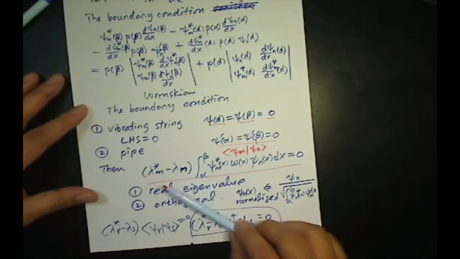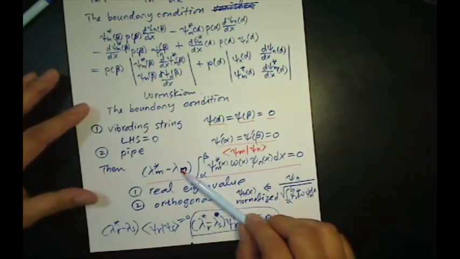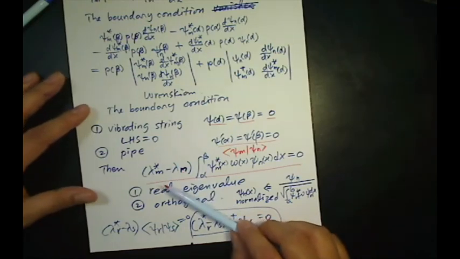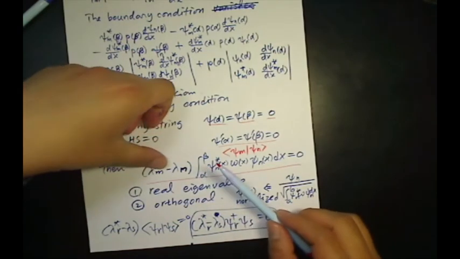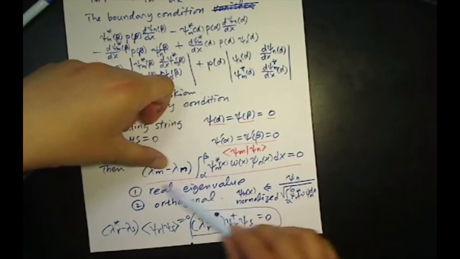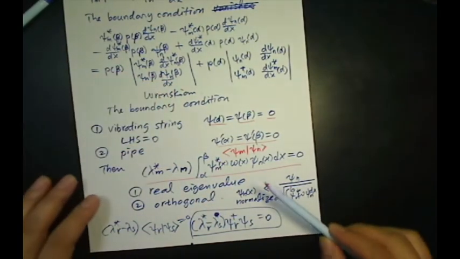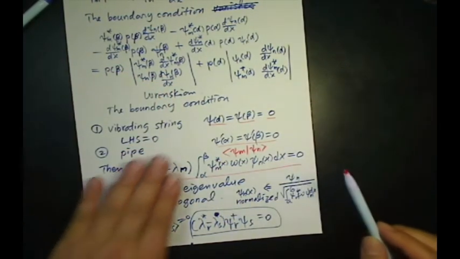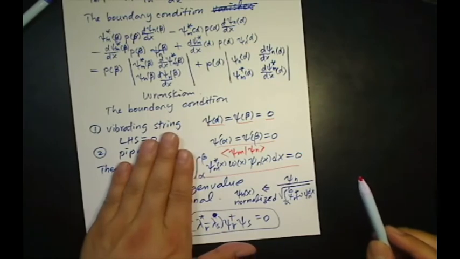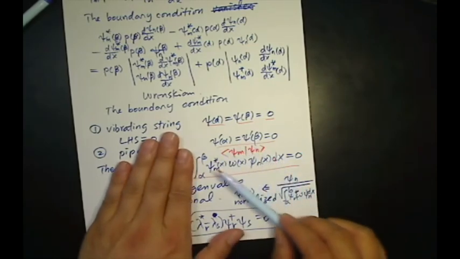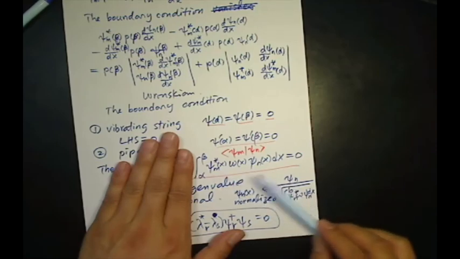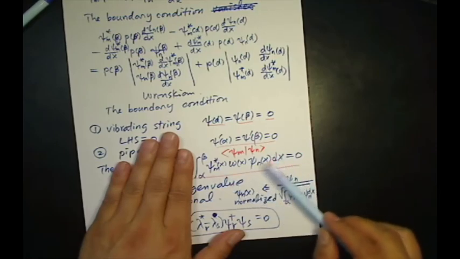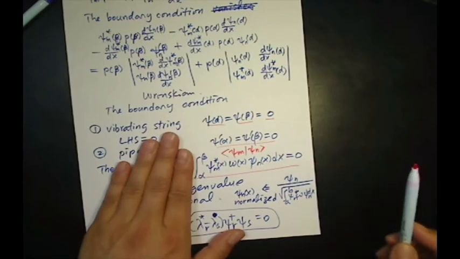That means the eigenvalue is real. And then once the eigenvalue is real, we can erase this part and the difference of the real eigenvalues. And when the eigenvalues are different, then this one can be divided, and we will find that the two different eigenstates have vanishing scalar product.